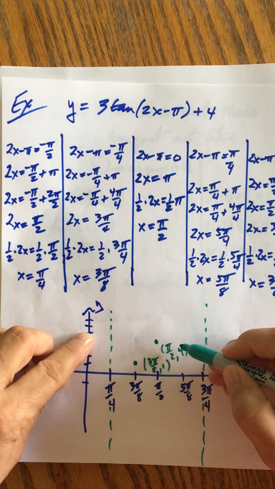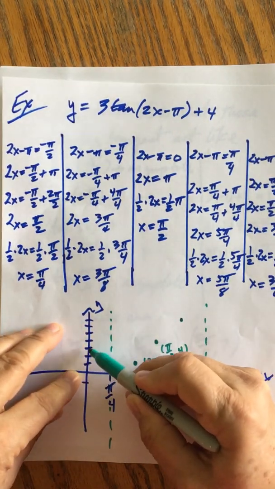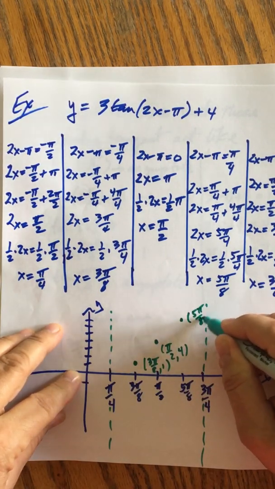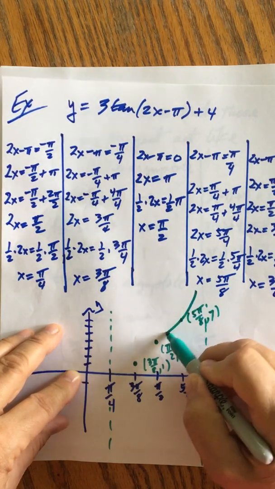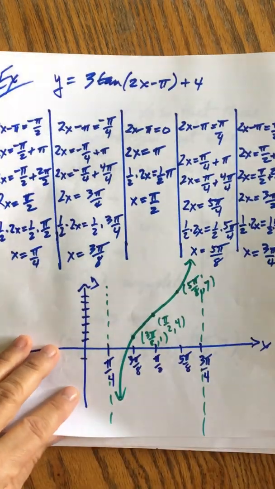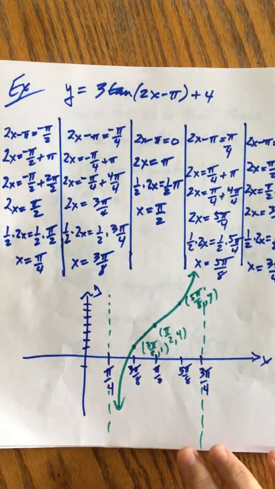So this is 4, 5, 6, 7. So I should be about here, 1, 2, 3, 4, 5, 6. Yeah, so this is 5 pi over 8 and 7. And so then I'm doing that familiar shape. So that's how you can graph a more complicated one.